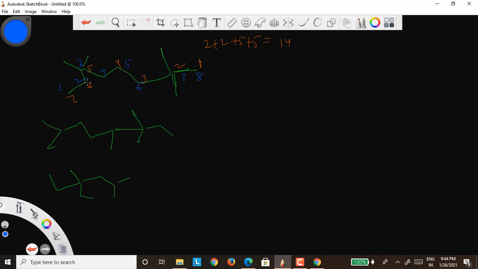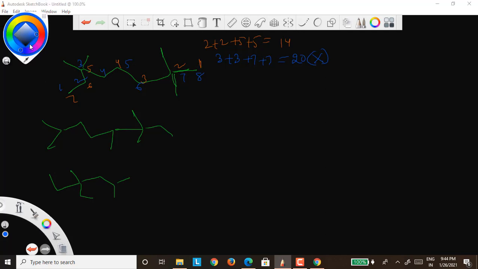So what is the sum in substituents? 3 plus 3, 3 plus 3, and 7 plus 7 plus 7 plus 7. How much? 20. So 20 or 14, which is lowest? 14. So 14 is taken. This is wrong.